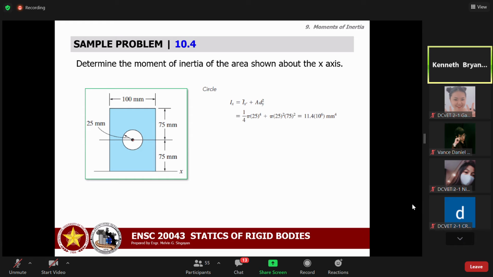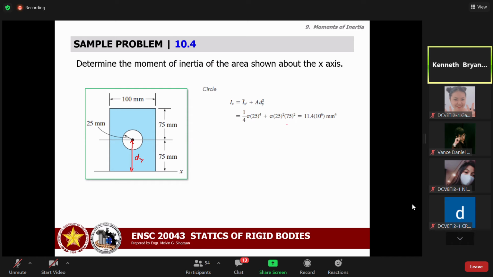That is equal to 1/4 pi r to the fourth, your I bar x prime. So, that is the moment of inertia, centroidal. Plus the transfer term A times dy squared. So, area is, ano yung dy? Distance of the centroid to the reference axis na kinukuha yung moment of inertia. Ito yung dy.